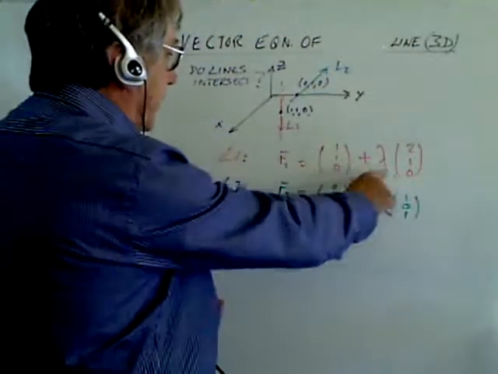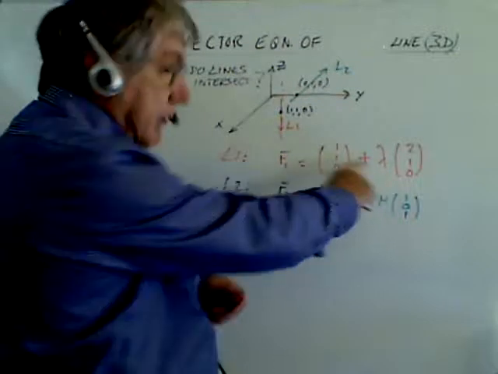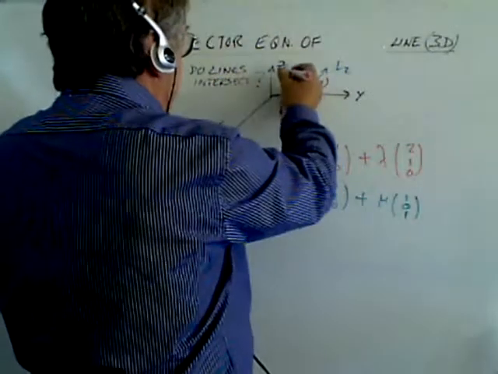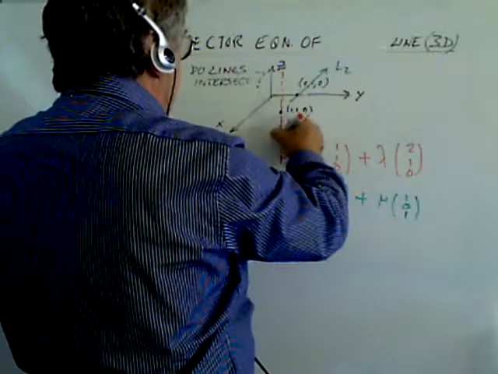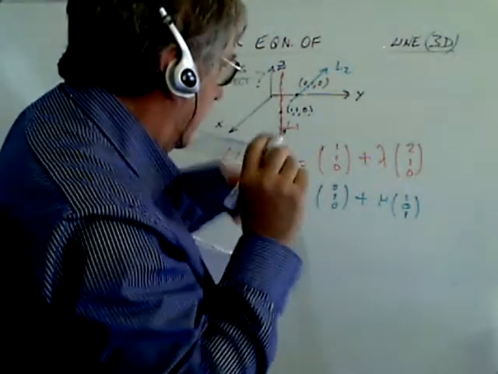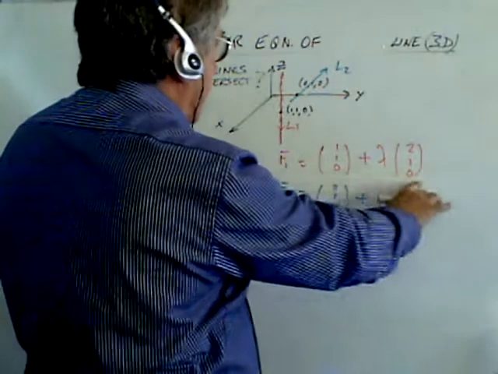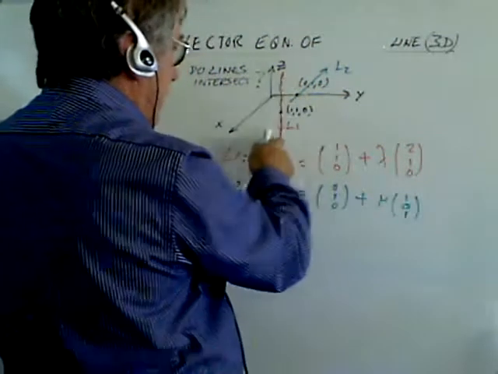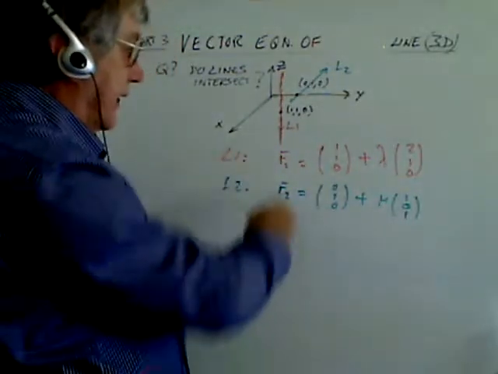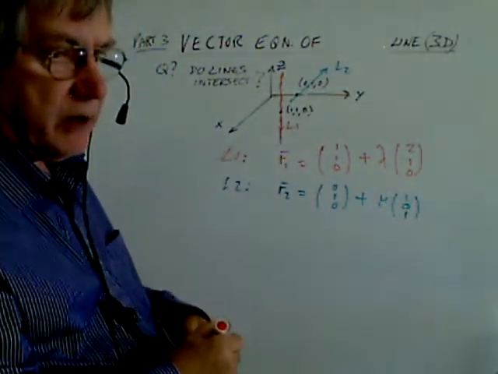So that's a fixed point. This lambda is a free parameter, can be any real value. If lambda changes, we run along the line in 3D space. This vector here is the direction of the line, called the direction vector, and that was offset. I showed you all that in video 1.